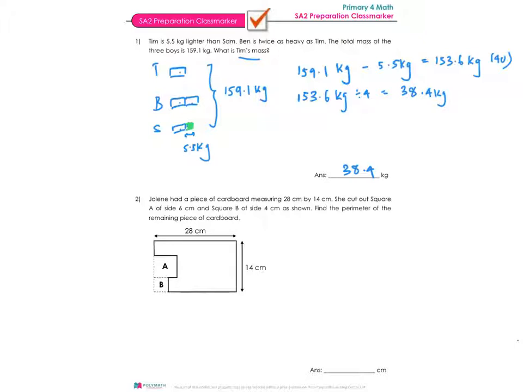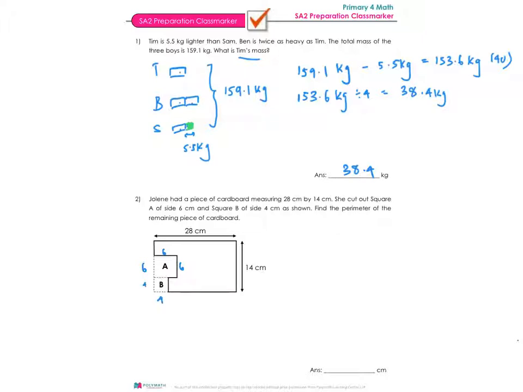Alright, so let's make our steps visual by labeling our diagram with more information. She cut out square A of side 6 cm, so that means this side must be 6, right? And then square B is 4 cm, so this is 4.